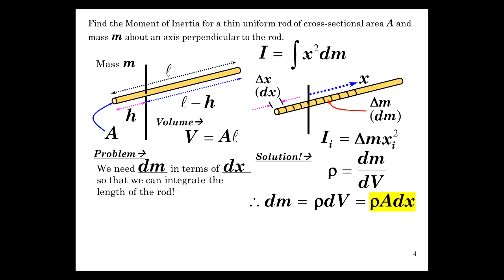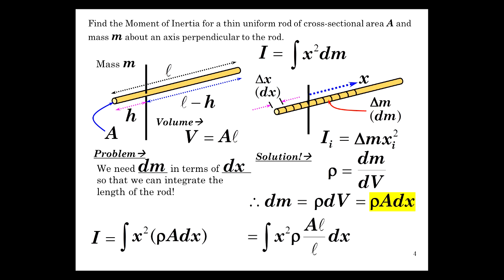So we can utilize that and call rho dV rho A dx. So now we have transposed, so to speak, dm into dx. The moment of inertia then is the integral of x squared dm, where dm is this rho A dx. Very wonderful. So that is x squared rho.